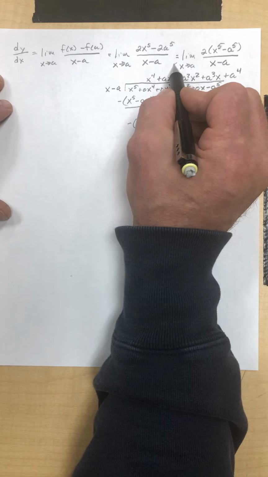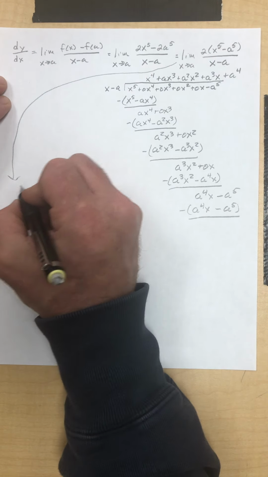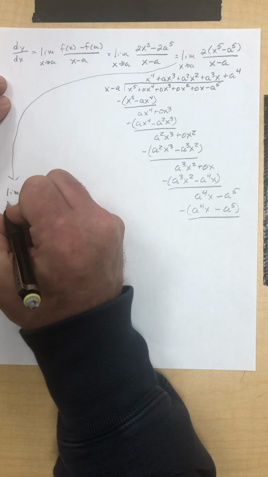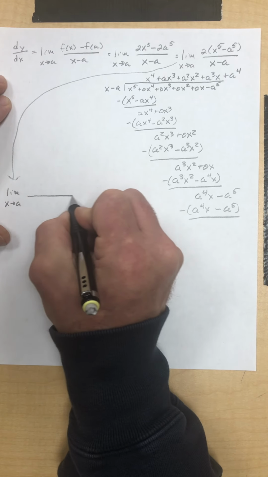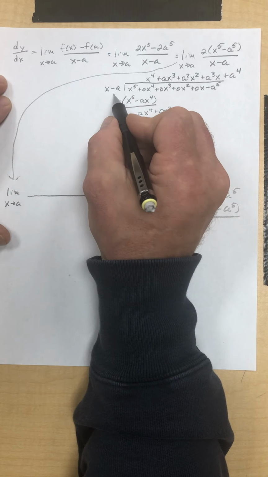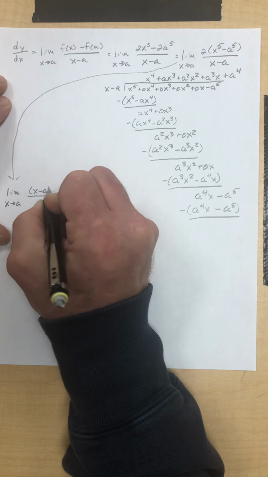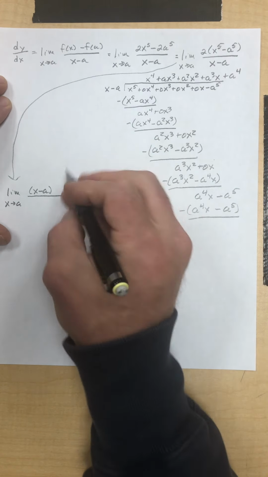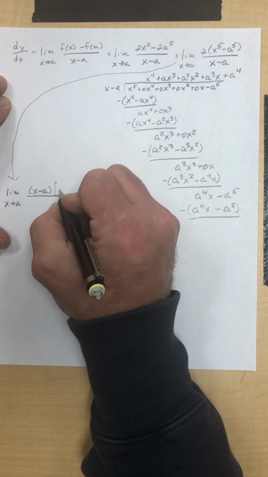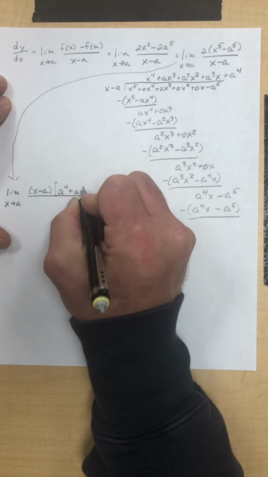Okay, so we're going to take this guy, bring it down here, and we say, okay, I have the limit as x approaches a, and up above, notice that I divided out an x minus a, and I am left with this long quartic right here. Okay, so I get x to the 4th plus ax cubed.